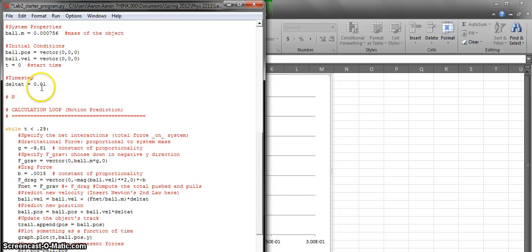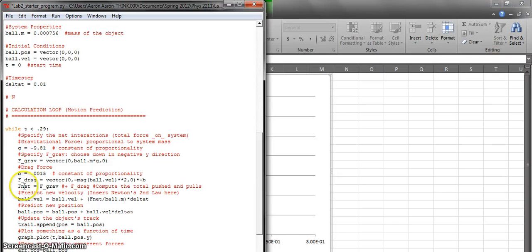I chose delta t 0.01 for the time step because the fall only lasted about 0.29 seconds, and having 29 steps really allows you to see the arc of the ball as it fell, or in this case, tissue.